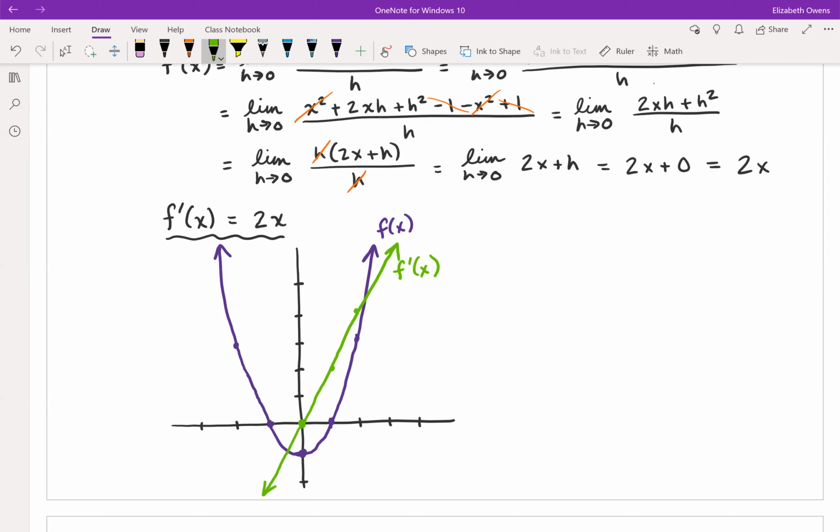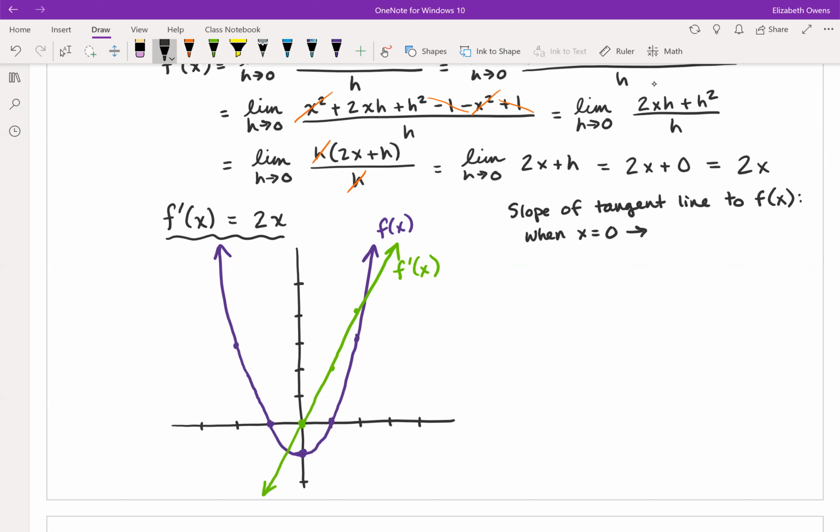Now let's look at some slopes of tangent lines here. Slope of tangent line to f of x. Let's look at a few different values here. So when x equals, let's say, 0.